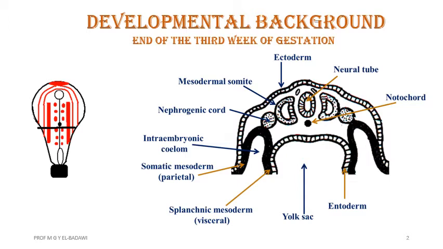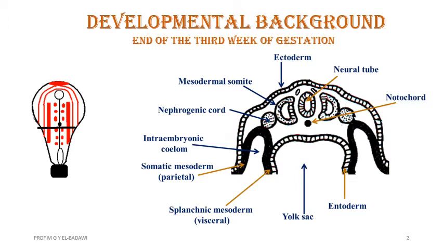The intermediate cell mass will form what we call the nephrogenic cord. Its name tells us that it will develop into the urogenital system. The lateral cell mass will show small cavities which will unite or coalesce to form one cavity, which is the intra-embryonic coelom, an inverted U, as you can see here.